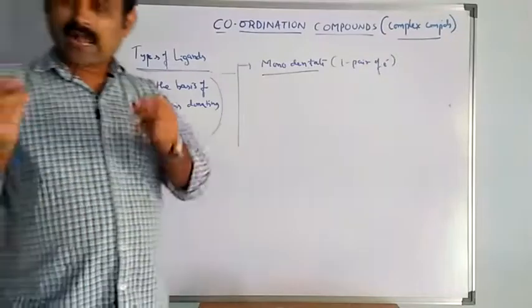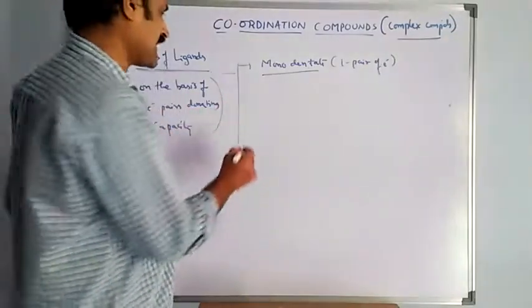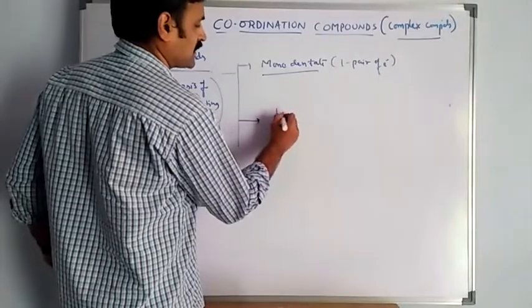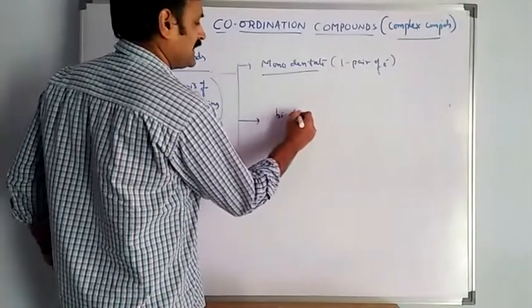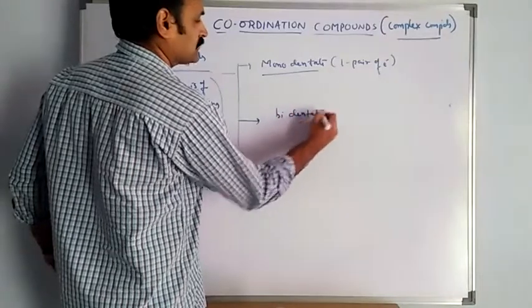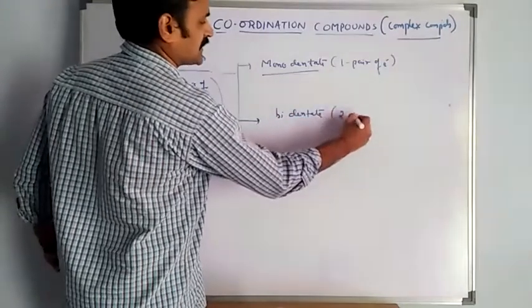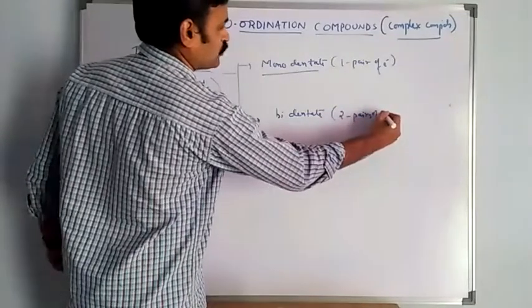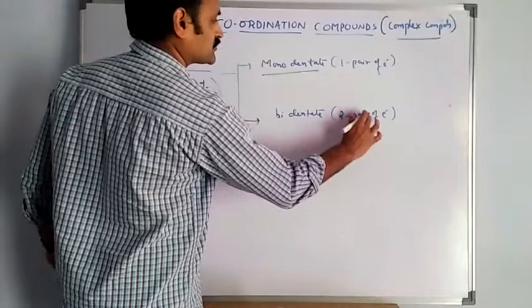Similarly, when the ligand is capable of donating two pairs of electrons, you can say that is a bidentate ligand. Bidentate means it has the capacity of donating two pairs of electrons.